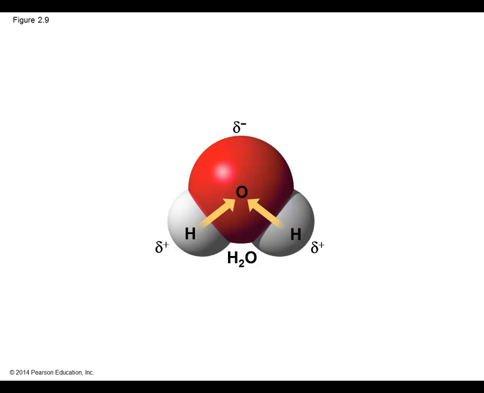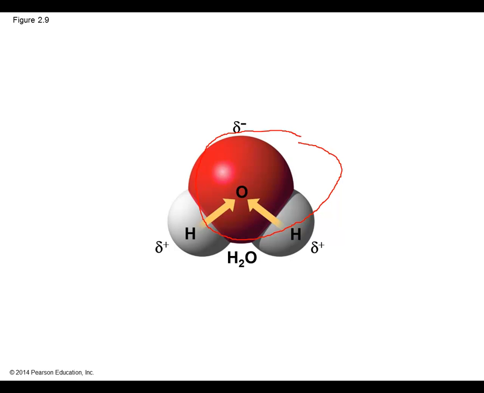So the bonds between the oxygen and hydrogen atom are polar. This is because oxygen is highly electronegative. It's one of the most electronegative of all elements, and it attracts shared electrons more strongly than the hydrogens do.